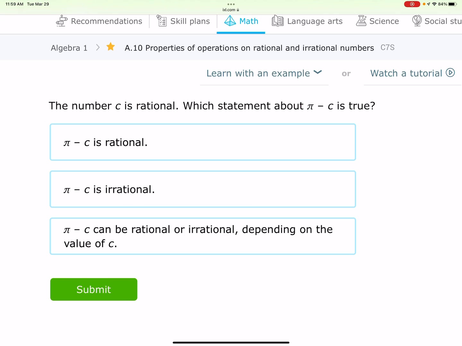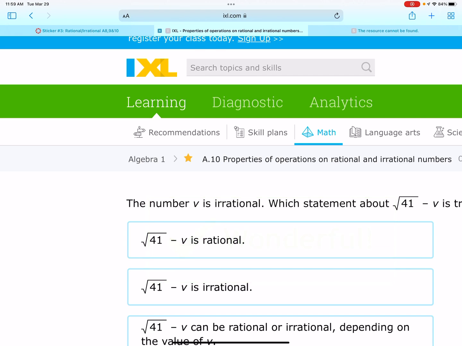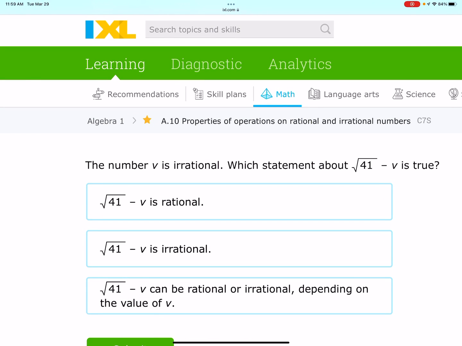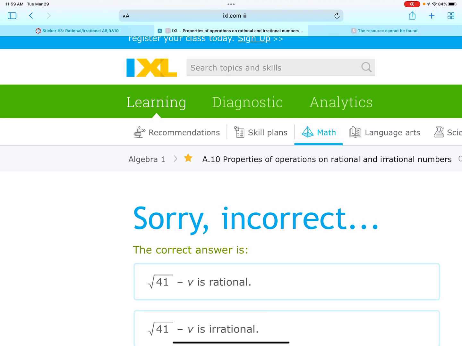So pi minus c, if c is rational, so if c was pi, it wouldn't be rational. So if it's c minus 5 or minus negative 5, I'm still getting something that's irrational.